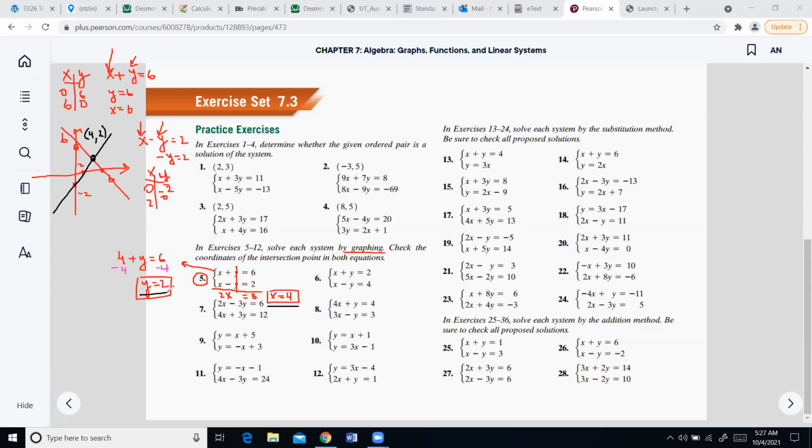But from my picture, it's not that easy to see this, because you need to be very precise and use graphing paper in order to realize what the actual pair x, y is. So my advice is always solve the system instead of using this graphing method, because the so-called addition method is the most popular in solving systems.